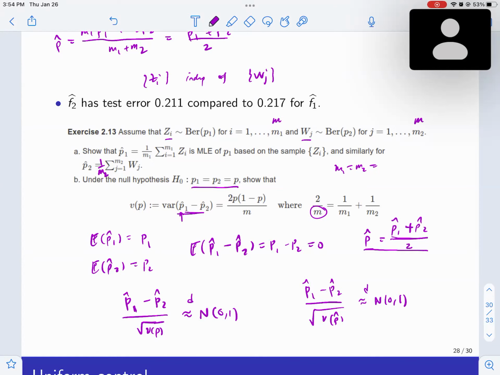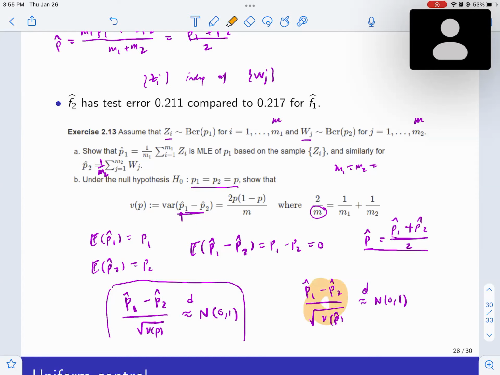And then this part is not exact, but an approximation by the central limit theorem. The mean is 0, you standardize the variance, and these are just differences of sums. If I plug this in, you can argue that this is still approximately Gaussian, so I can calculate this quantity.